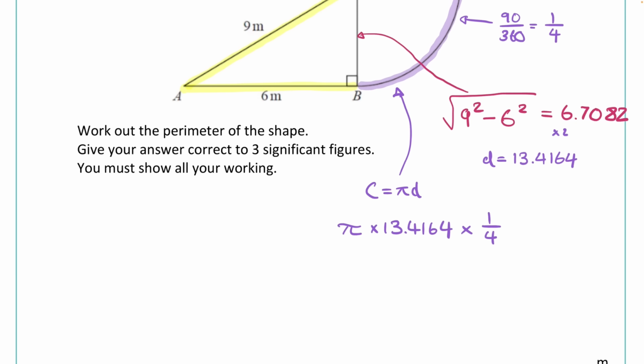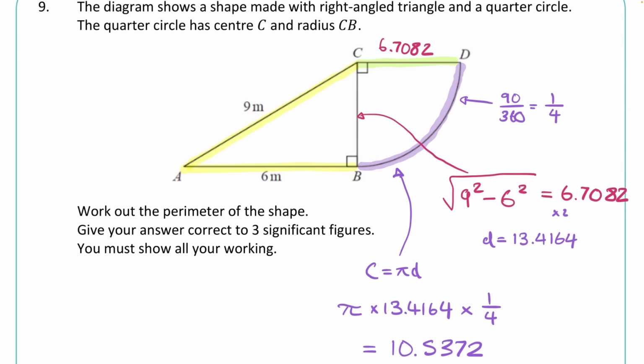So times by pi times by 1/4. And there we go, that gives me a length of the arc, which is 10.5372. I'm going to label that up here on the diagram, 10.5372. And now, just thinking about this concept of perimeter, we want to add together all of those lengths.